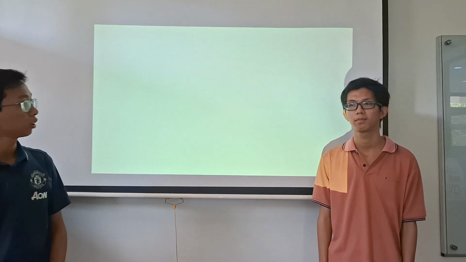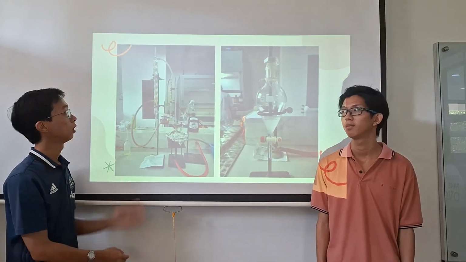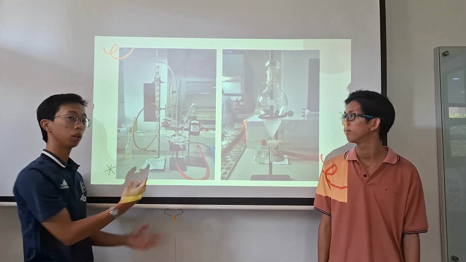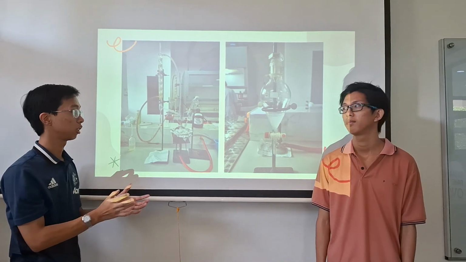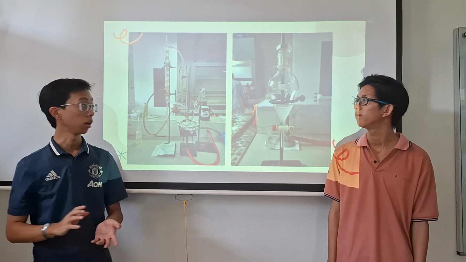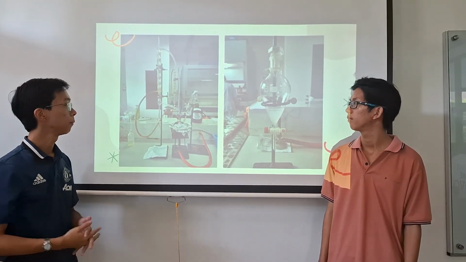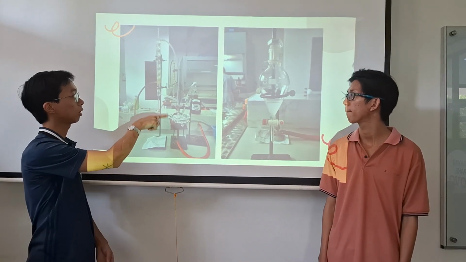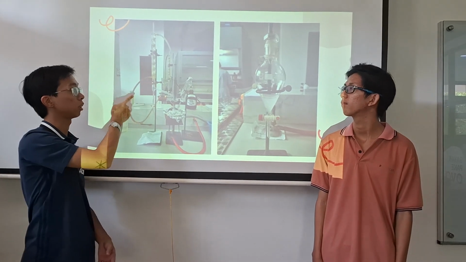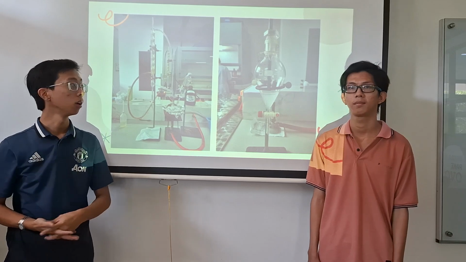In the isolation of clove oil, we have the simple distillation apparatus, and here we have the condenser. Here we have the water and clove mixture. In the middle, we have the Dean and Stark trap, and the fire will make the water evaporate, and then the condenser makes the distillate, which is clove oil.